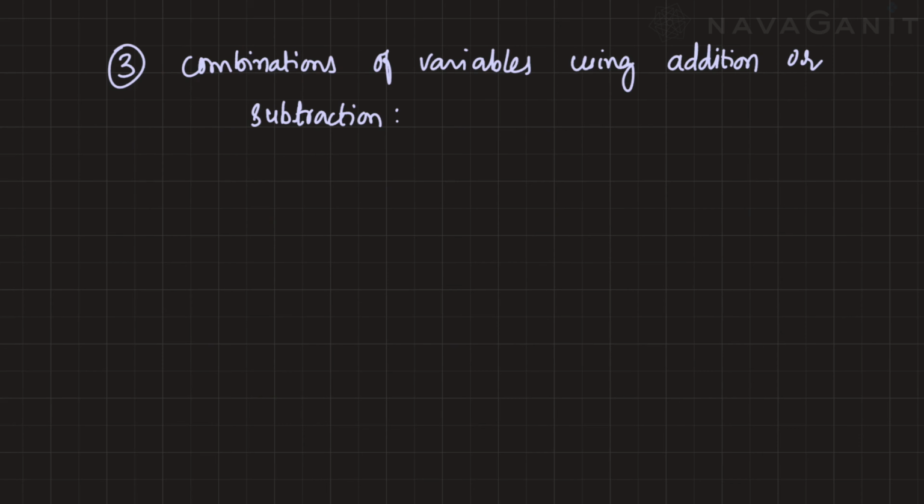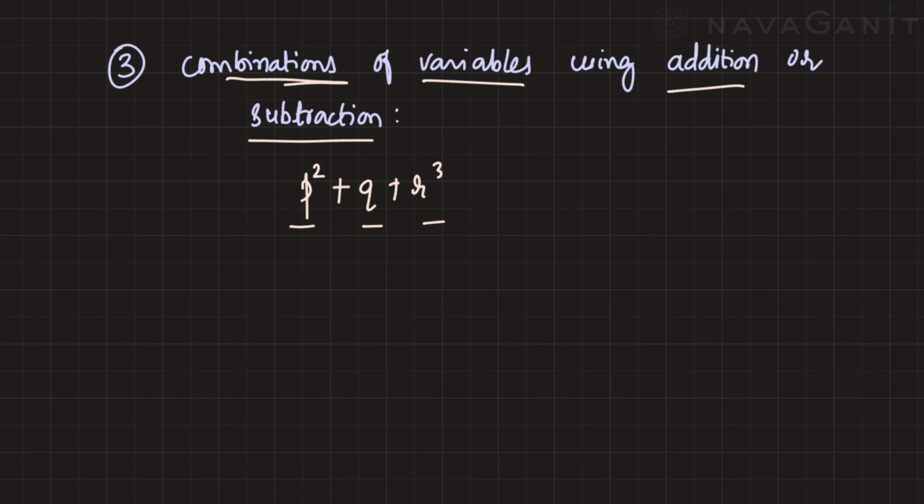Next property is with respect to combination of variables using addition or subtraction. If multiple variables are added or subtracted, the result would still be a variable. For example, if we have p squared plus q plus r cube, each one of them individually is a variable and I'm applying addition as the operation, so this is also a variable.